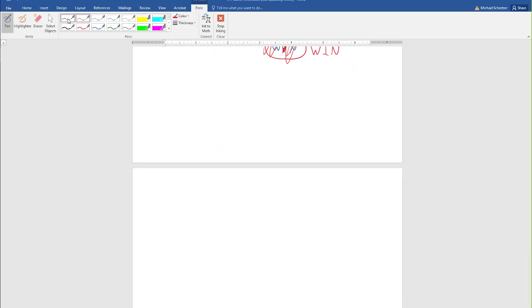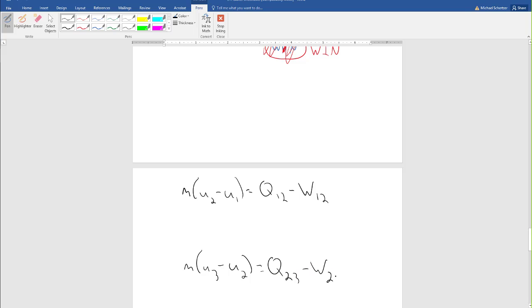And then we use the first law to find Q1 and Q2. So we know that the mass times U2 minus U1 is equal to Q1 to 2 minus W1 to 2. And we know that the mass times U3 minus U2 is equal to Q2 to 3 minus W2 to 3, and this is 0.